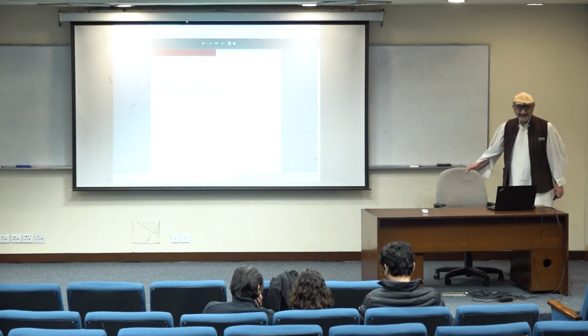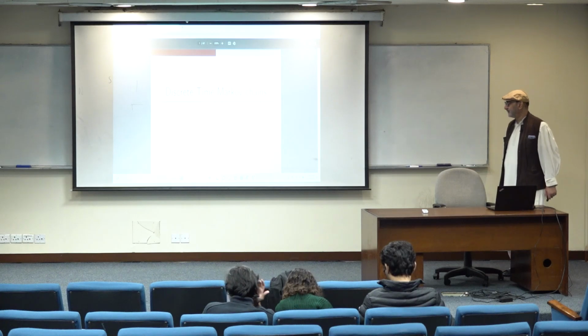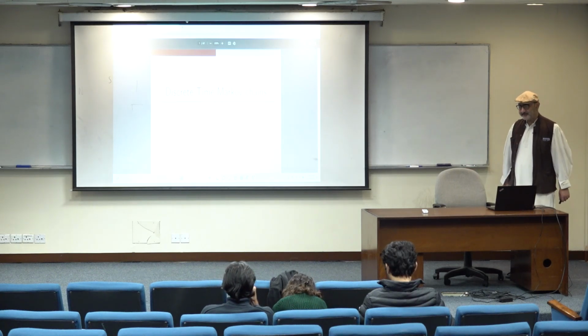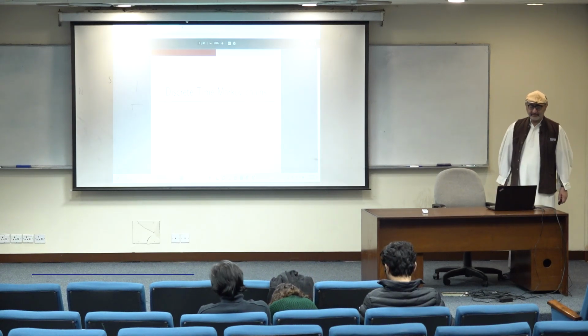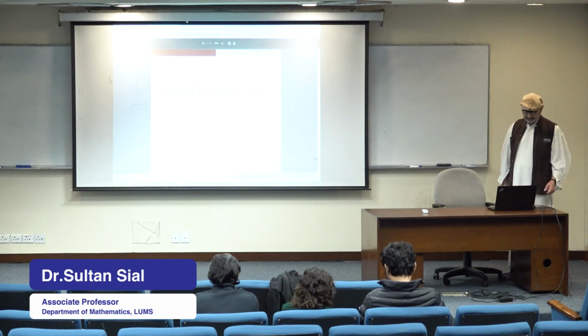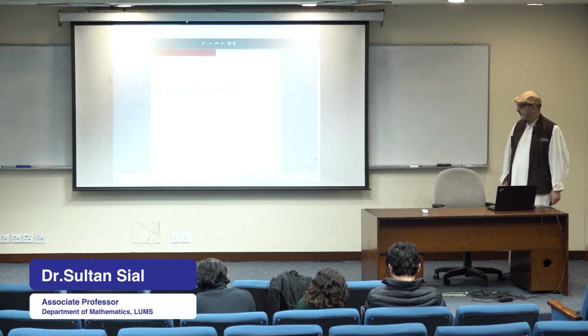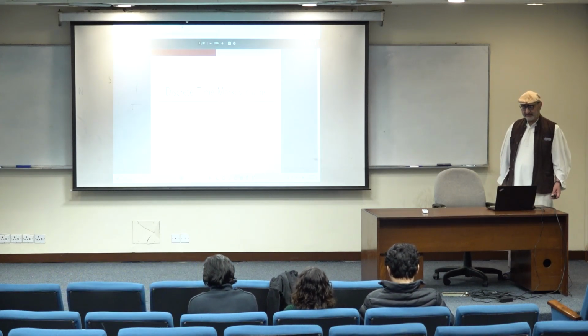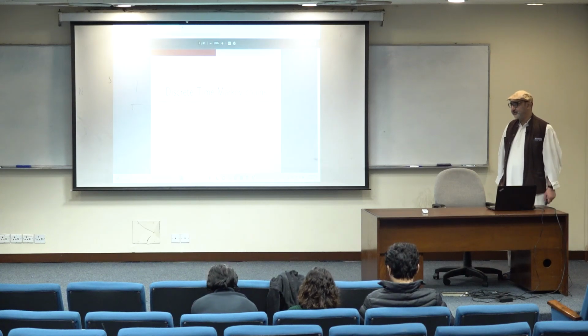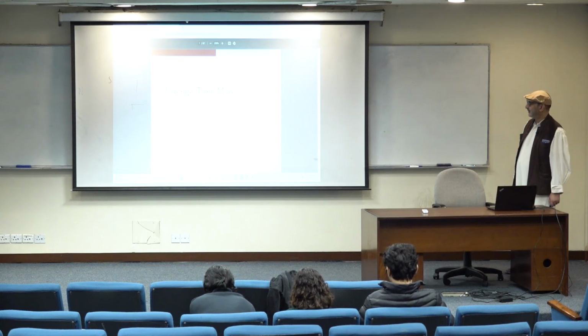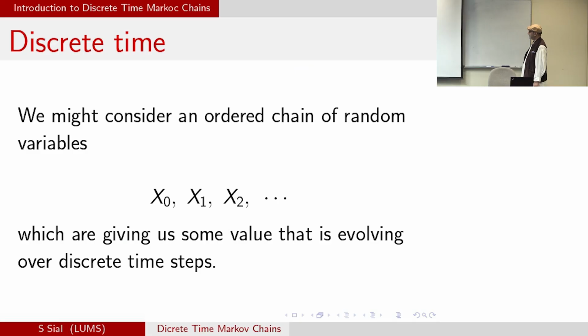Okay, so we finish up with a discussion of Markov chains. Markov chains are a way of applying probability to systems which are changing, which have some variable which is changing over time.